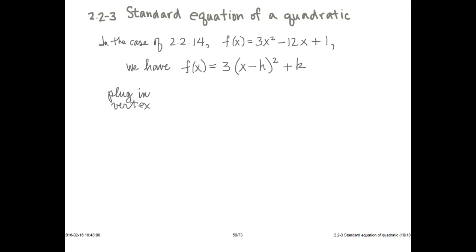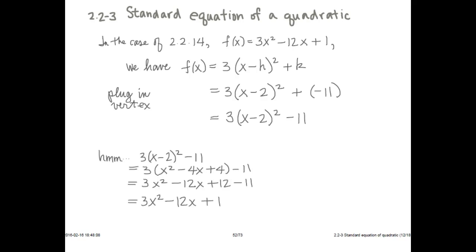Okay, let's look also at number 14, which I believe we already did. We know, because we found it earlier using the -b over 2a, what the vertex is, so we can take that value and just plug the, I forget what it was, 2 and -11, into this equation and rewrite this fellow from general form into standard form.